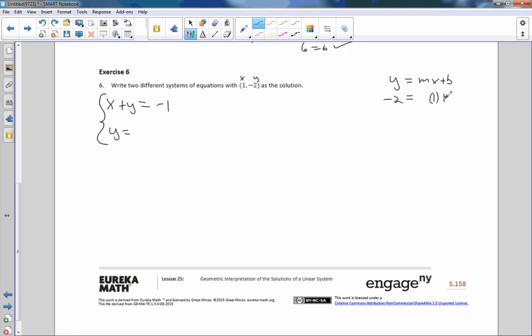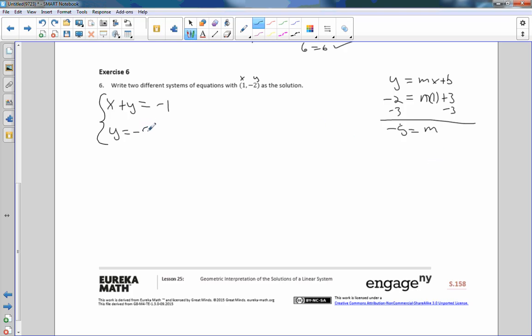If I just pick a value for b, how about 3? Now I have y equals m times 1 plus 3. I want to know what m would be, so I subtract 3 from both sides, and I get negative 5 equals m times 1, or just m.